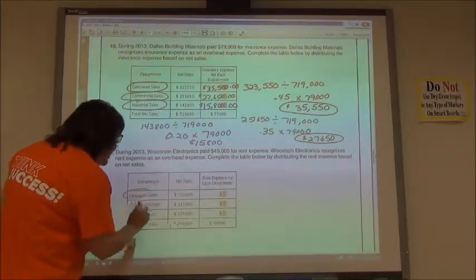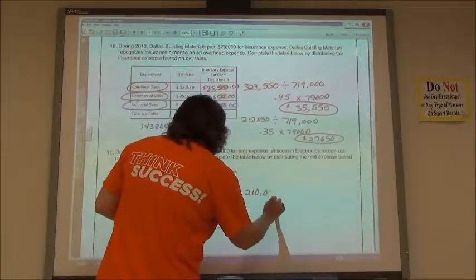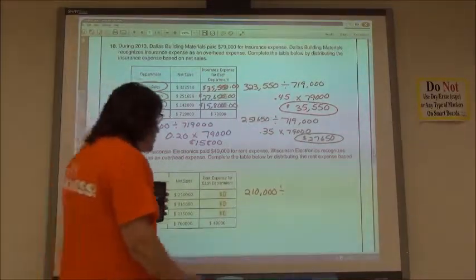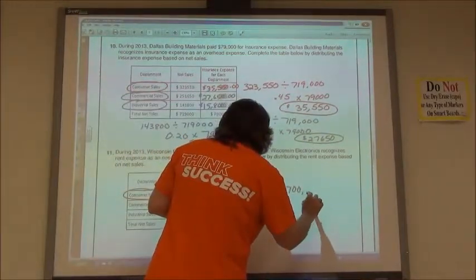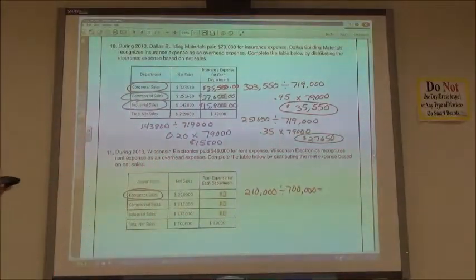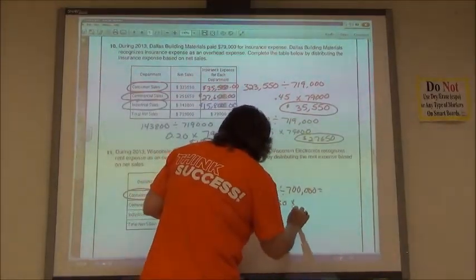So again, for consumer sales, we had $210,000 worth of sales. We're going to find the percent of the total sales, which were $700,000. So 210,000 divided by 700,000 would give me 0.3 or 30%.